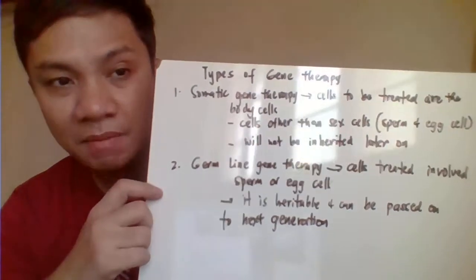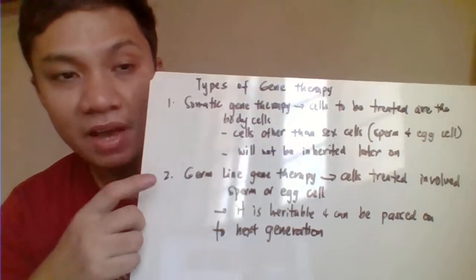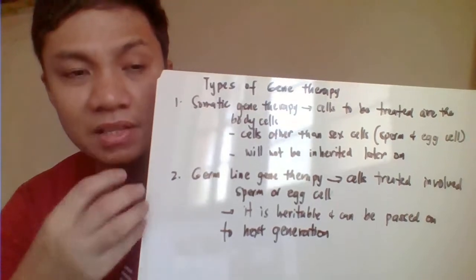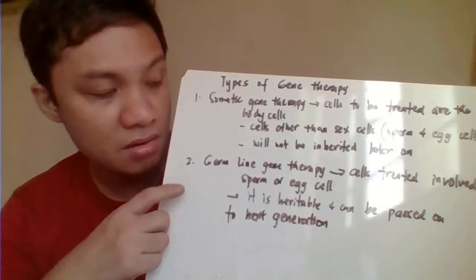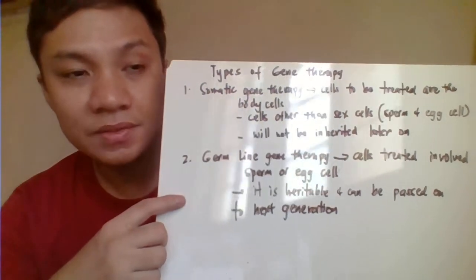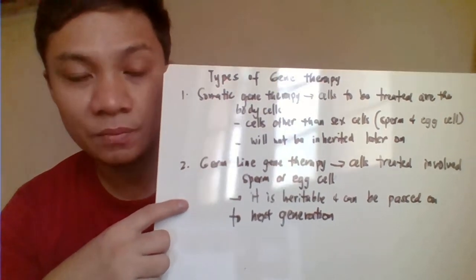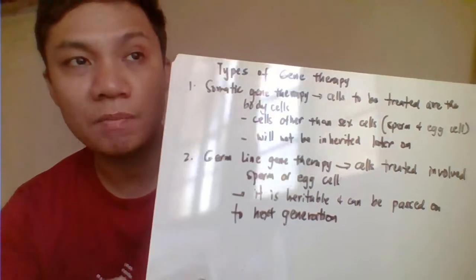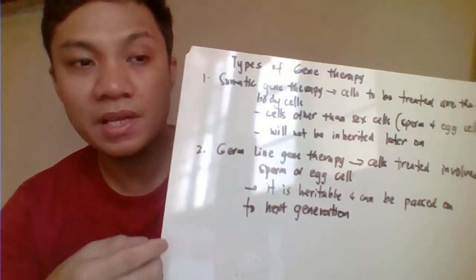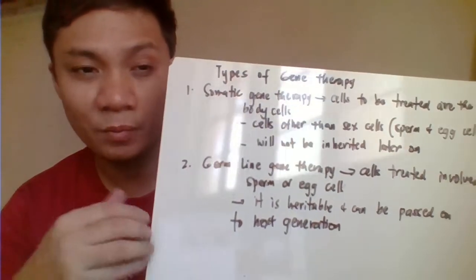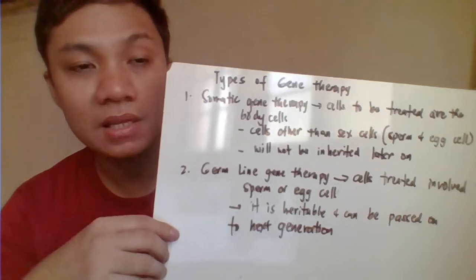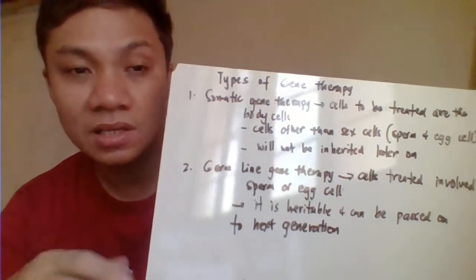So we have here the main difference between somatic and germline gene therapy. Somatic gene therapy is a process whereby you try to treat a particular disease involving all the other cells of our body except your sex cells, and that is only being treated for the present generation.